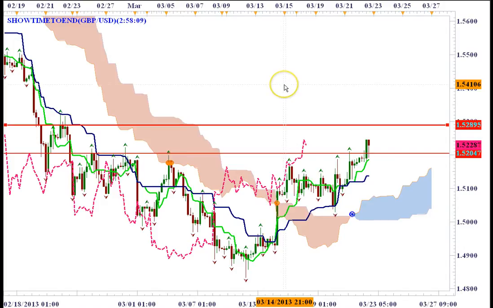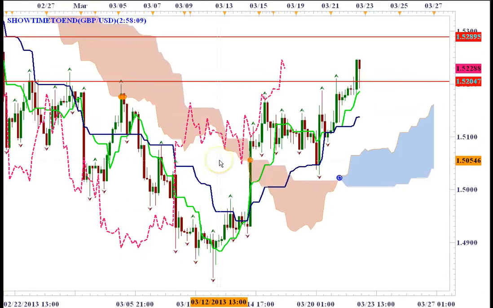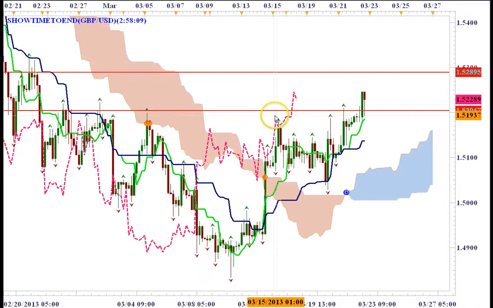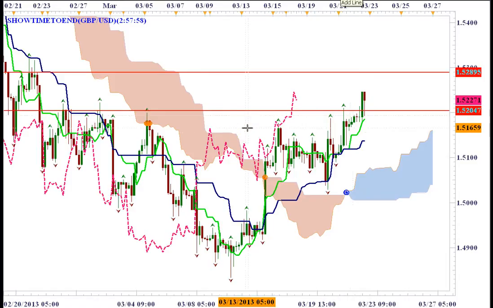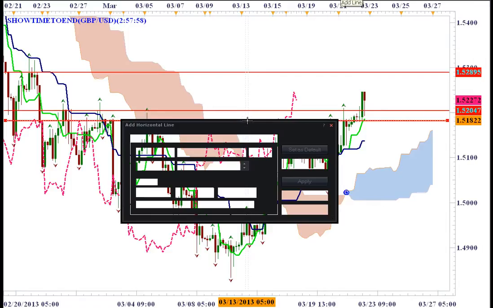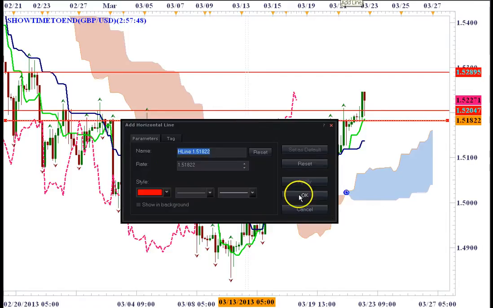Those are the two main levels on this chart as of now, because, and let me put one more line and show you where it could have been another opportunity. This all pretty much near the same area.